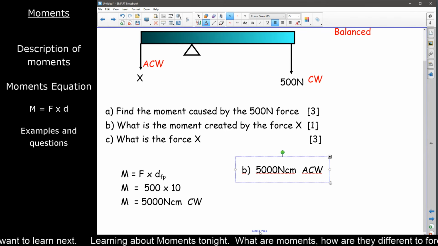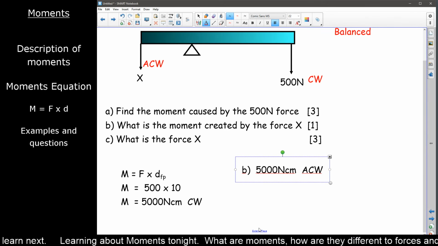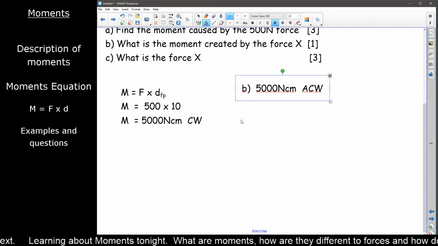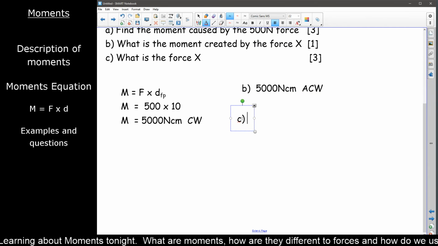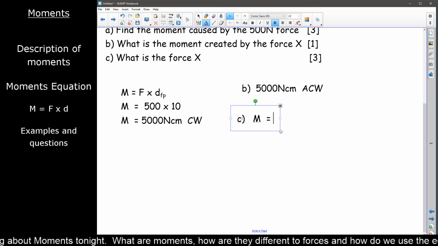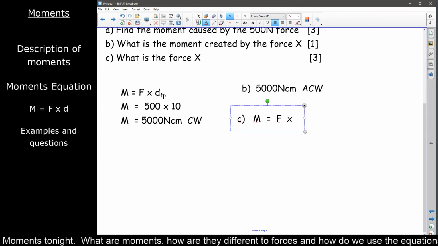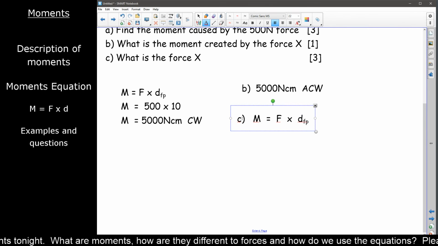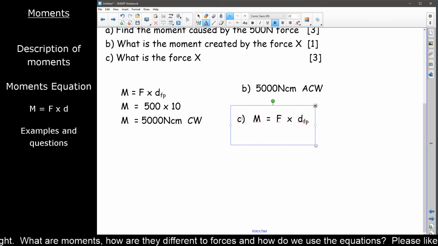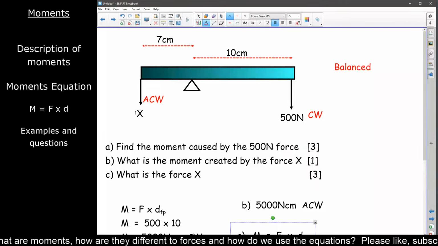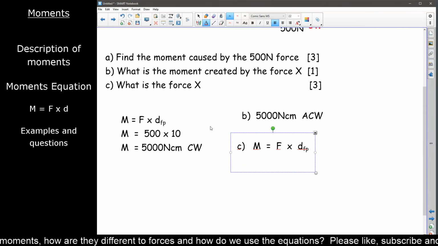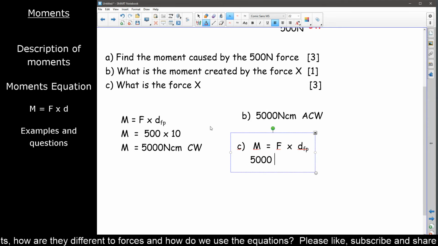Now with that information, we will want to know what force X is. Right, so we're in business now. So we want to know what's the force X. This is a moments question, so it's moments equals force times the distance from the pivot. This time though, now we know the moment that's being created here is 5,000. We've worked that out.